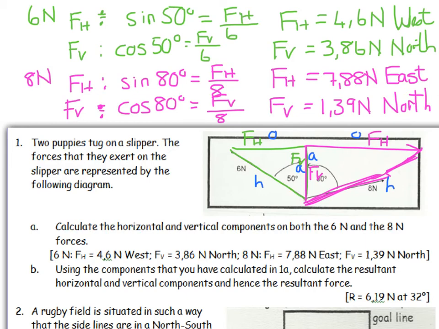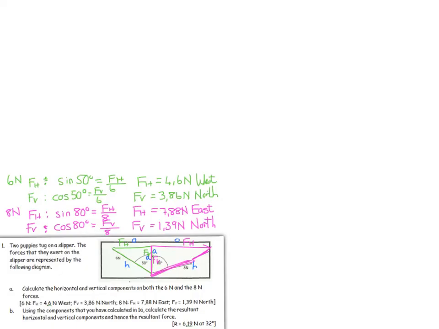Now, the next thing is I have to use these components that I've calculated to calculate the resultant horizontal and vertical components, and hence the resultant force. So let's start by getting the resultant horizontal.